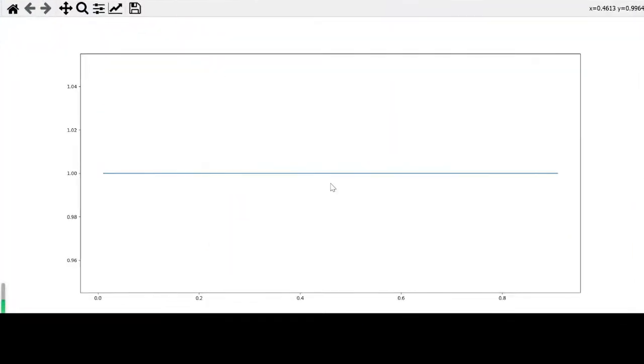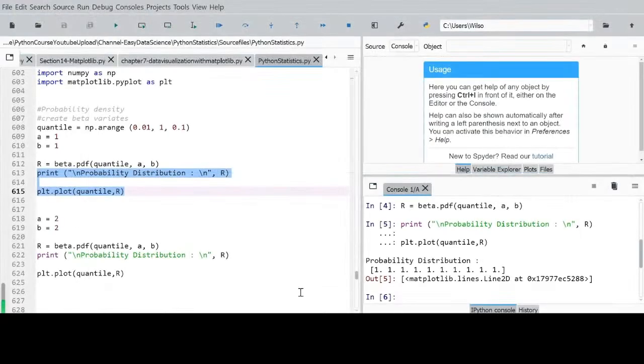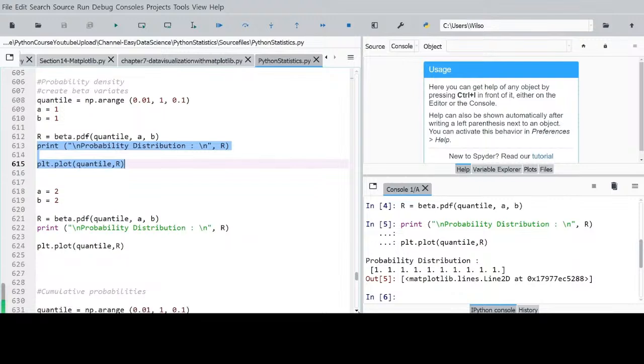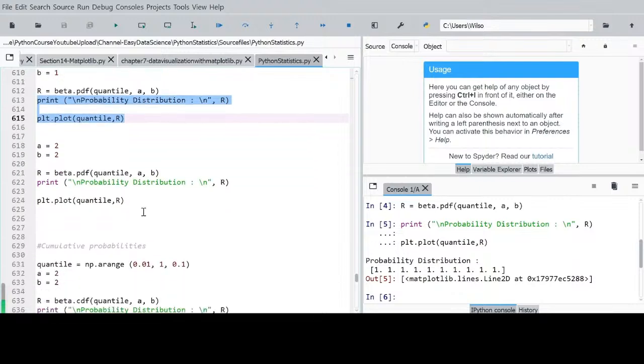You can see this density function is actually a uniform density between 0 and 1, and the area under this curve between 0 and 1 equals 1, because the total probability under a density curve equals 1. So 1 times this length 1 equals 1. Next we will set another alpha and beta value, 2 and 2.